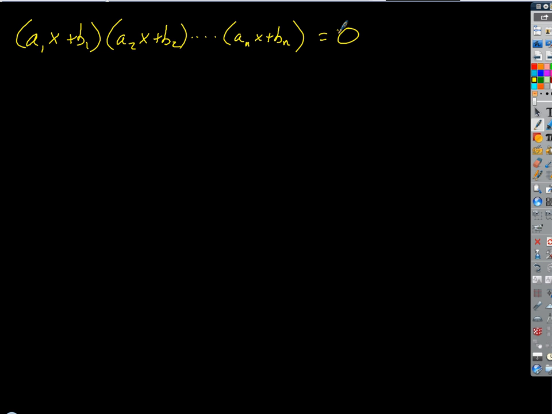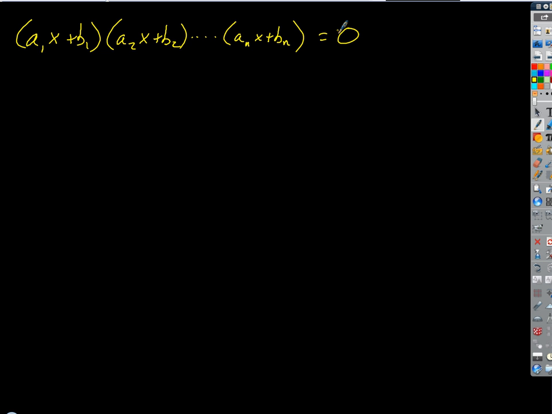I'm going to end up with a sub 1 x times a sub 2 x. So I'm going to get a sub 1 times a sub 2 x squared, plus a bunch of other stuff that we don't care about. That's going to be lower powers of x. When I distribute a sub 3 through to that, I'm going to get a sub 1 times a sub 2 times a sub 3 x cubed, plus a bunch of other stuff, lower powers of x, right? Agreed? So when I go through that whole process, I'm going to get lots of terms, lots of cross terms.